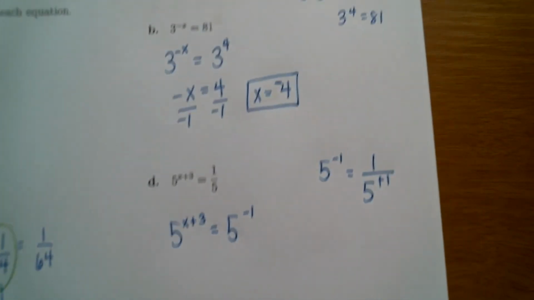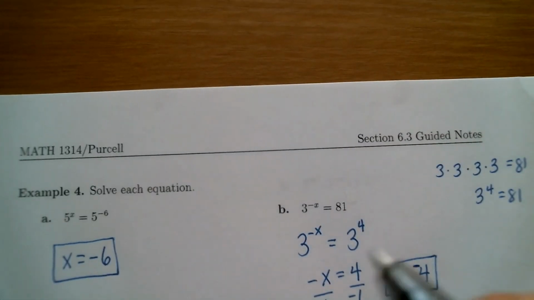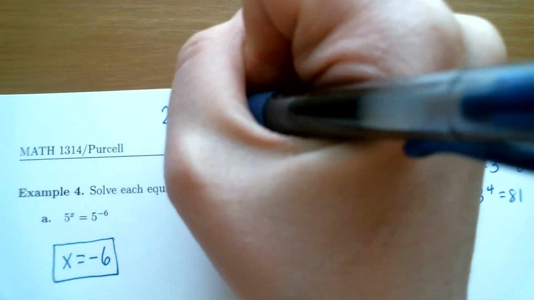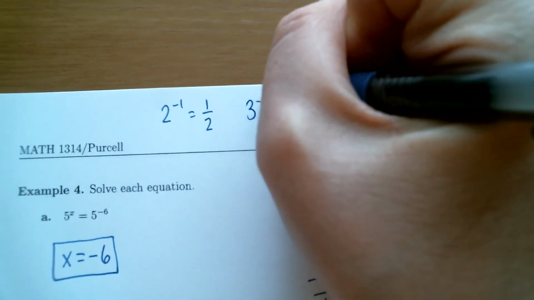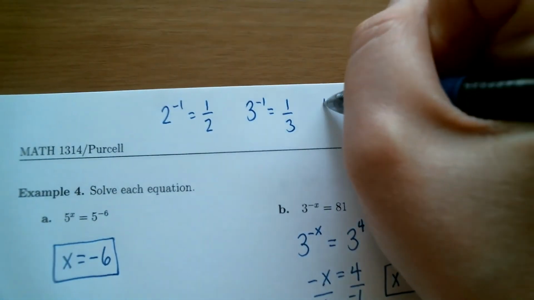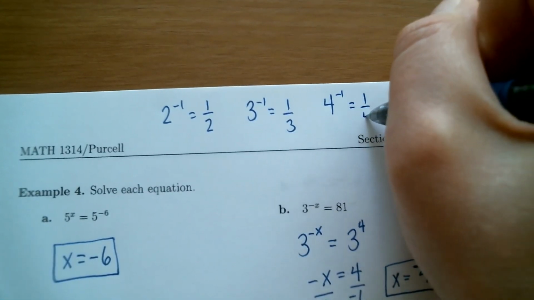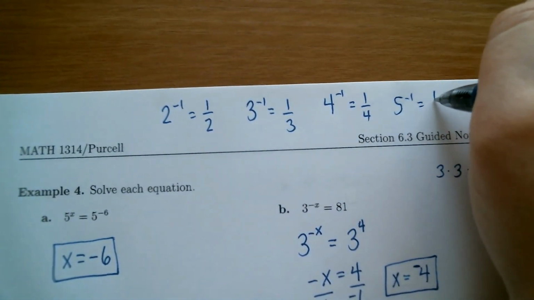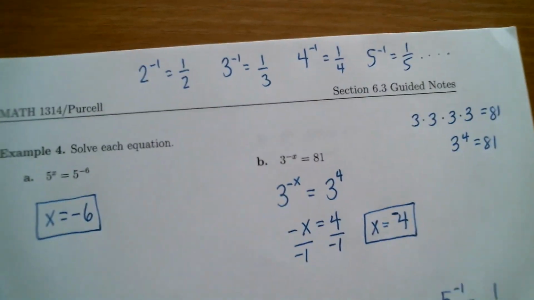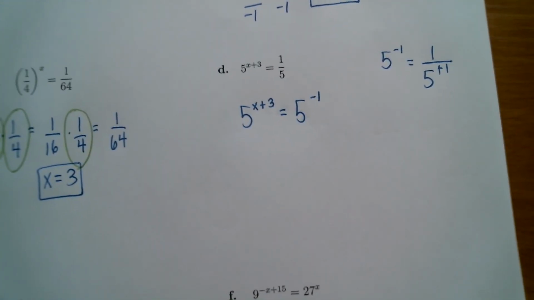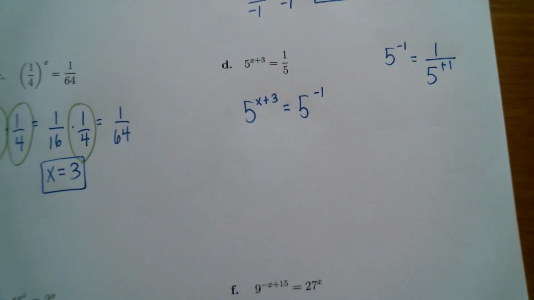Start training your brain to think like this. 2 to the negative 1 is 1/2. 3 to the negative 1 is 1/3. 4 to the negative 1 is 1/4. 5 to the negative 1 is 1/5, and so on. It's very helpful in these types of situations, because now rewriting that 1/5 as 5 to the negative 1 power, the left side and the right side have the same base.